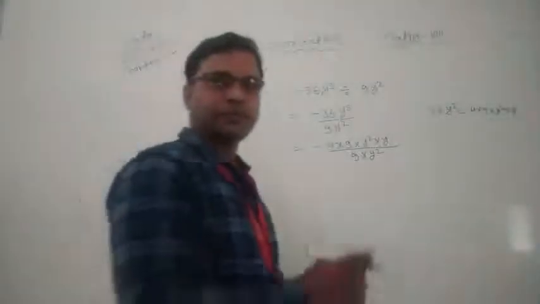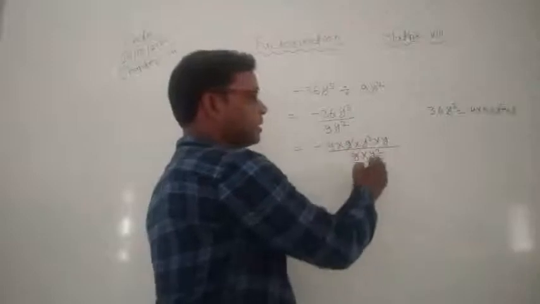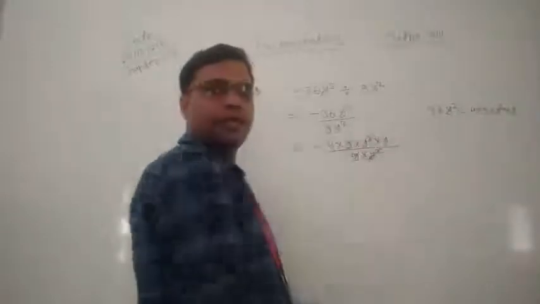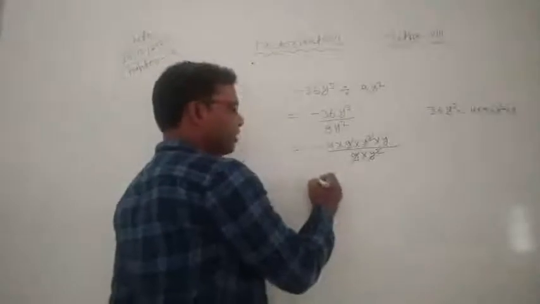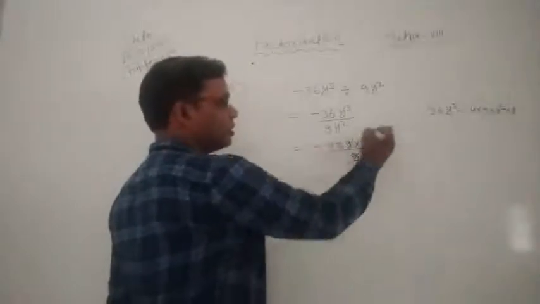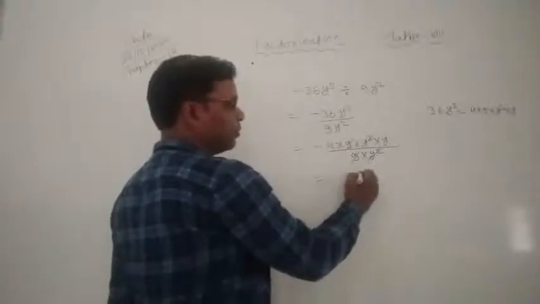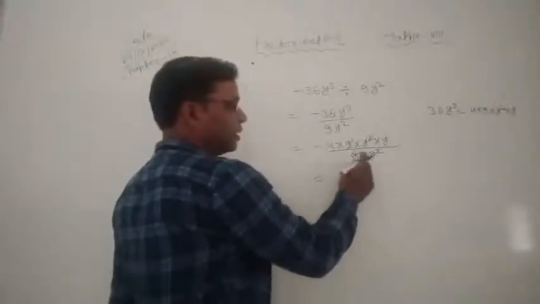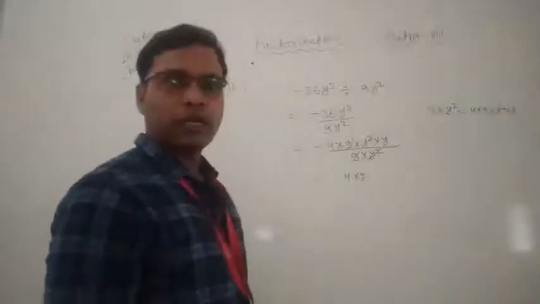Again, you can cancel 9 and y square. Then we obtain minus 4 into y, and in the denominator you have only 1.